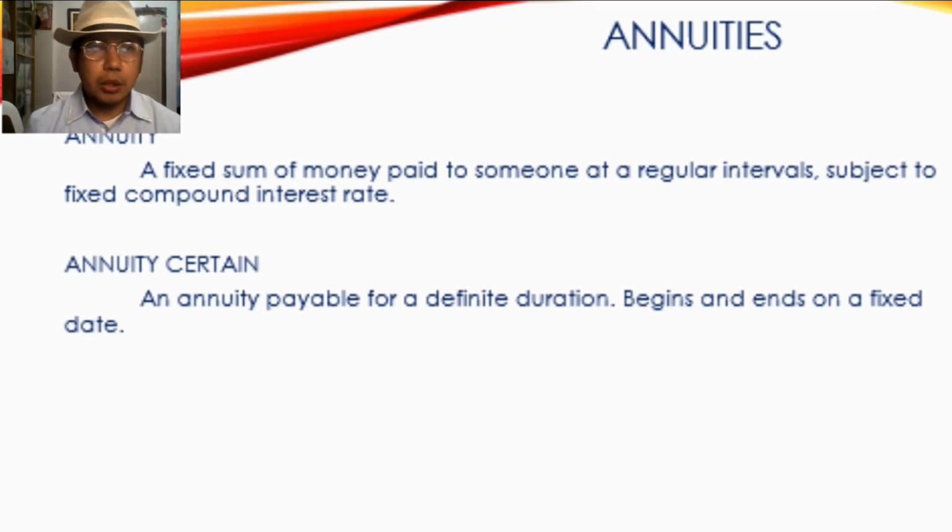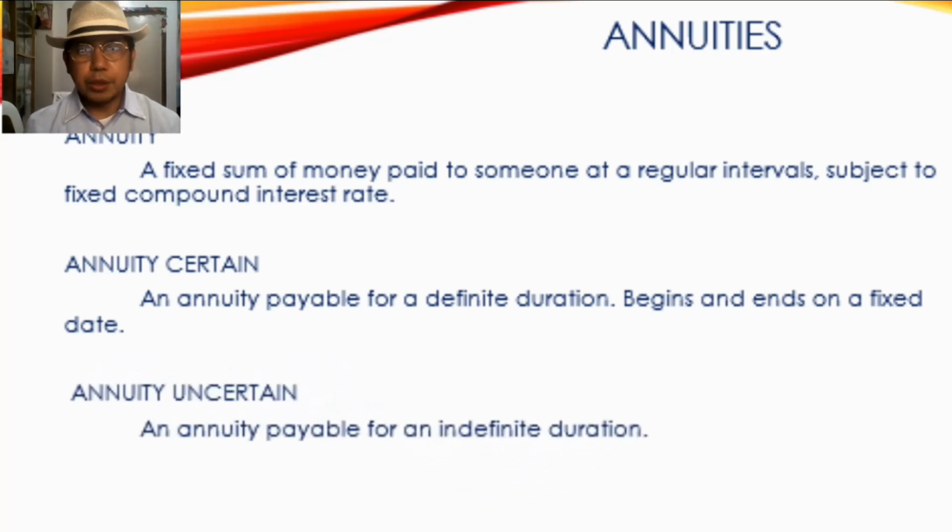Your payment must be definite in such a way that you know when to begin and when to end the payment. Of course, at a regular interval and subject to a compound interest rate. So that is a certain annuity.